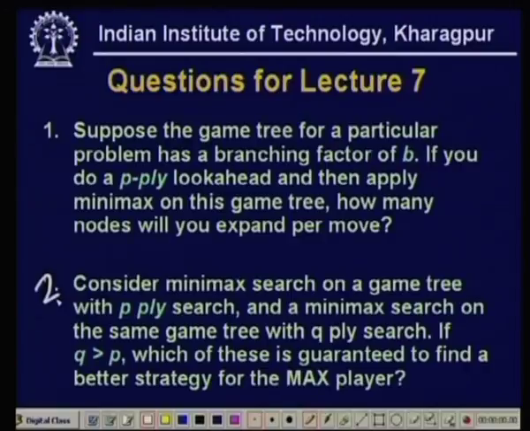Question number 2, actually should be 2 not 1. Consider minimax search on a game tree with p-ply search and another minimax search on the same game tree with a q-ply search. If q is larger than p, which of these searches is guaranteed to find a better strategy for the max player?